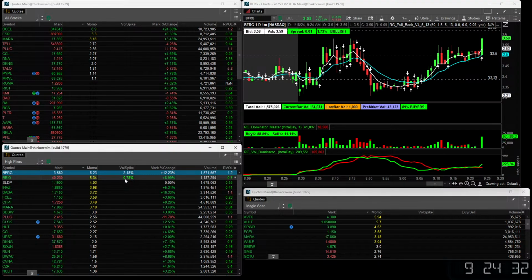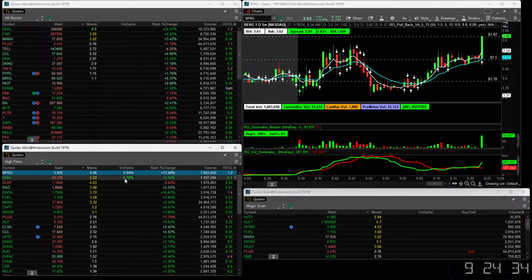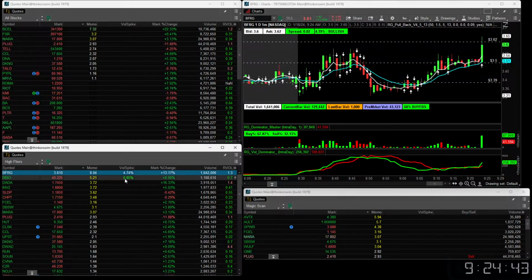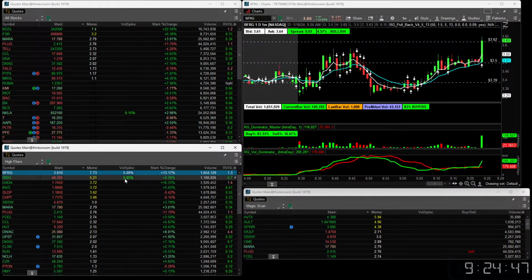I can't follow the numbers on level 2. They're not worth it to me. Just like this one's out of the blue right here, right? Real choppy, real strong pullback, choppy again, then a big green candle.